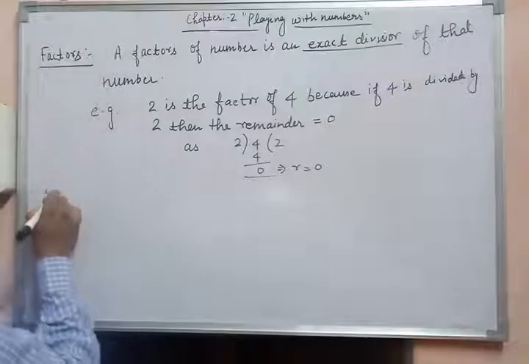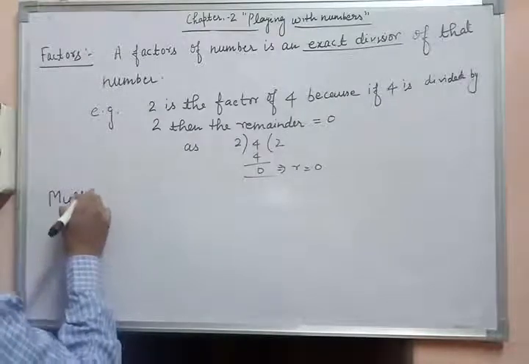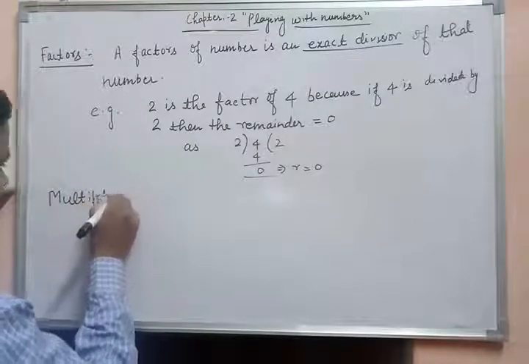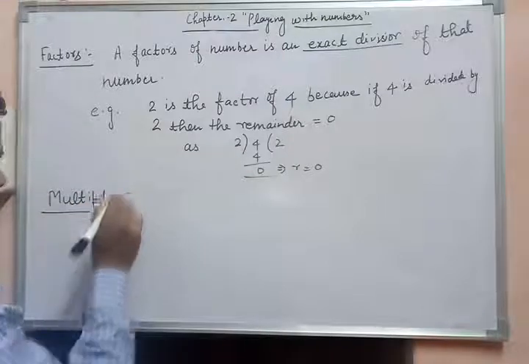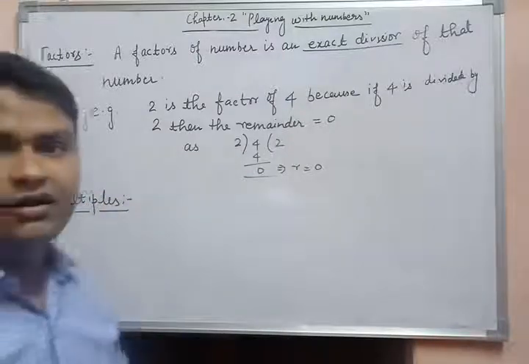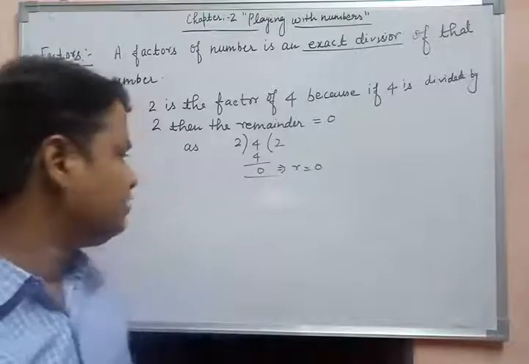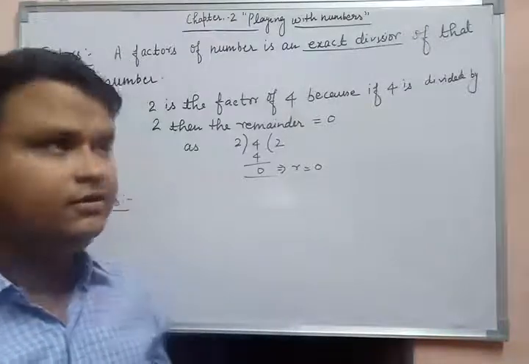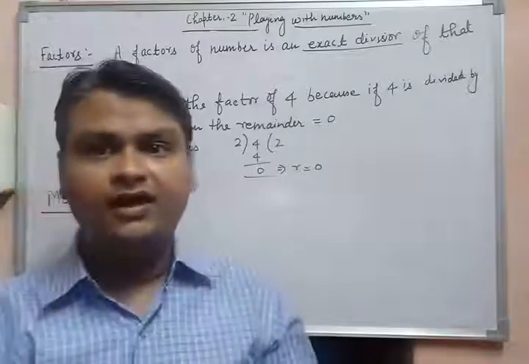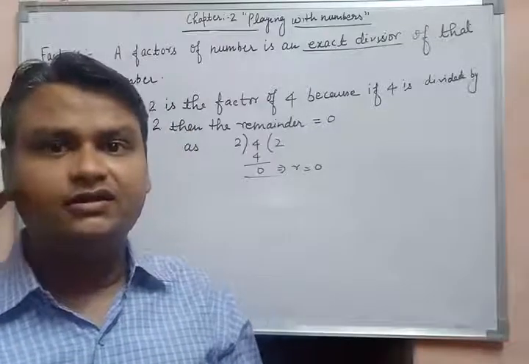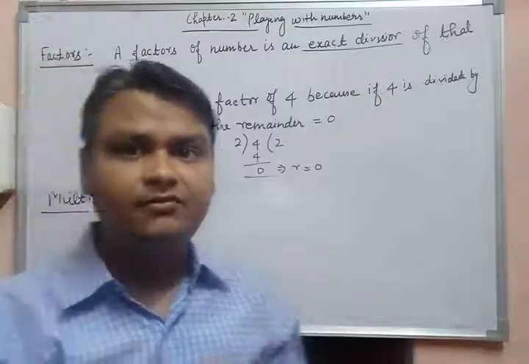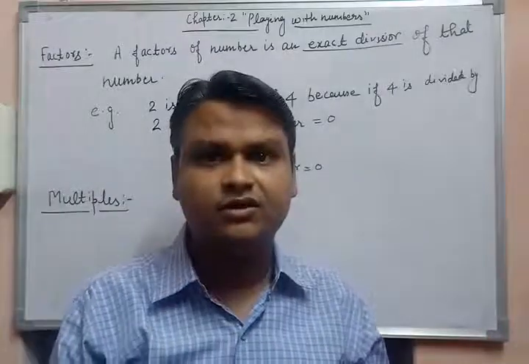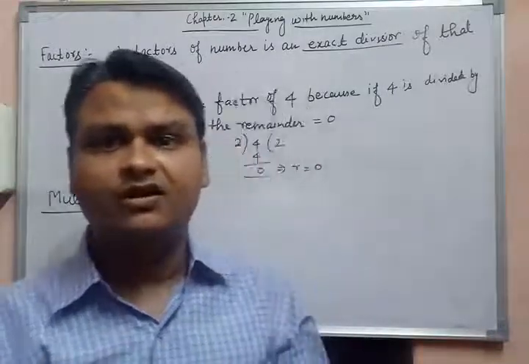What is multiples? A multiple is the product: when two numbers are multiplied with each other, then the product is the multiple of both the numbers. Okay students, so this is the definition of multiple.